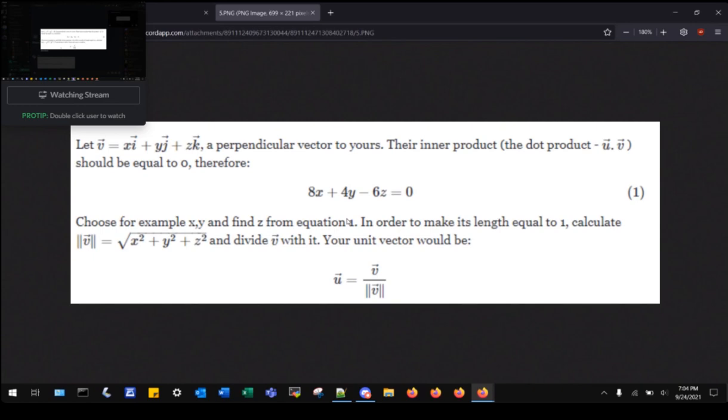Oh, okay. I get what you're doing. Yeah, this definitely works. You set the components, all but one of the components, to an arbitrary value, and then you find the value of the final component such that the vector will be perpendicular or orthogonal to the other vectors, and then you find the magnitude of that vector and divide by that magnitude to find the unit vector.